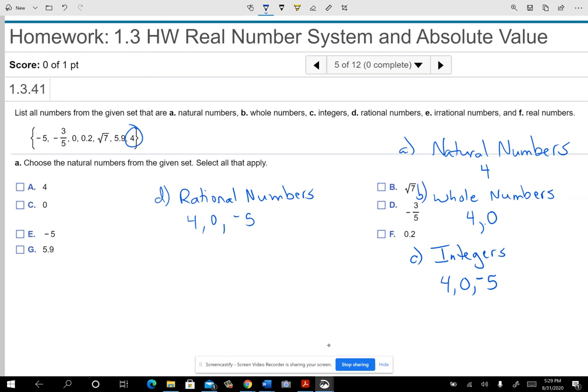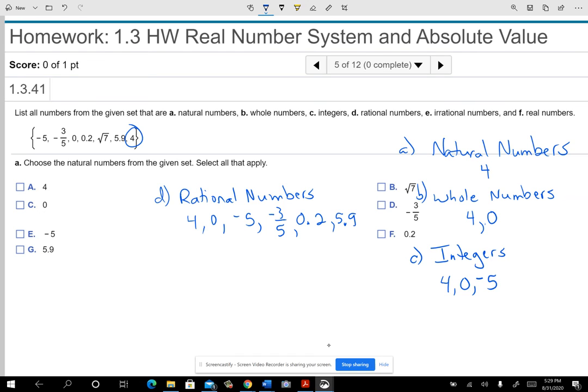All I'd have to do is put a 1 underneath those to have them written as a fraction. But in addition to that, the number -3/5 should be included. Okay. The number 0.2 should be included, because 0.2 is the same as 2/10. And that number 5.9 would also be a rational number.